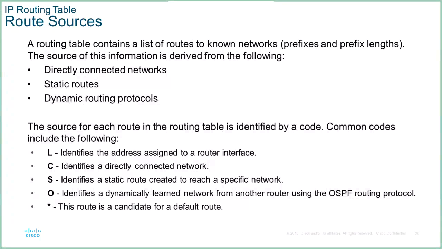O is one of the dynamic routing protocols called OSPF. The asterisk is a candidate for default route. We can have more than one candidate, and out of the candidate routes, it then selects the gateway of last resort.